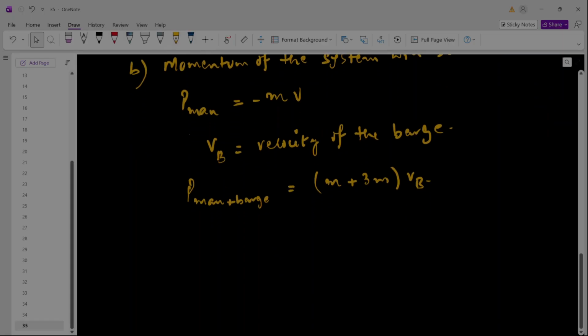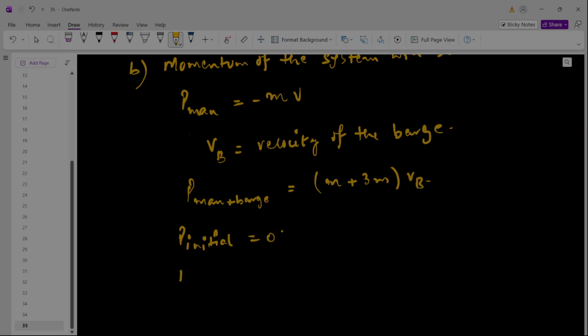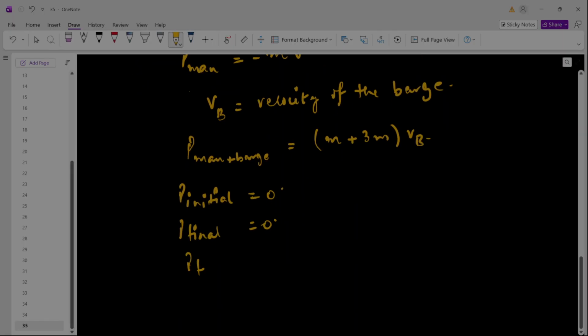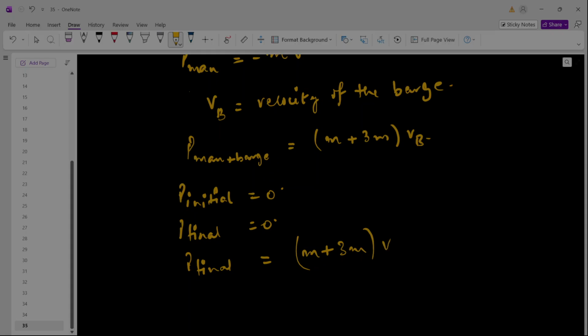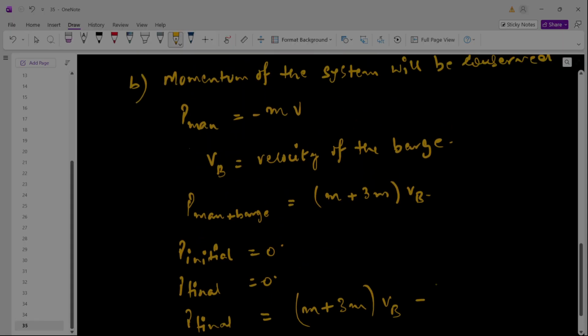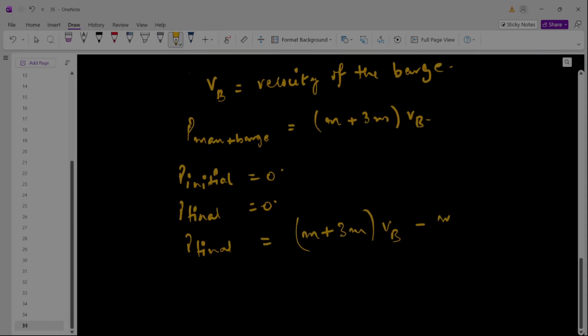So now what we can do is, since the initial p initial was equal to 0, my p final will also be equal to 0, and my p final is nothing but m plus 3m multiplied by vb minus m times v.